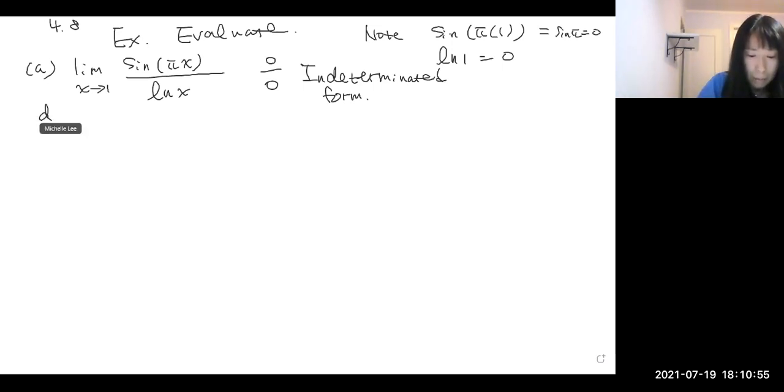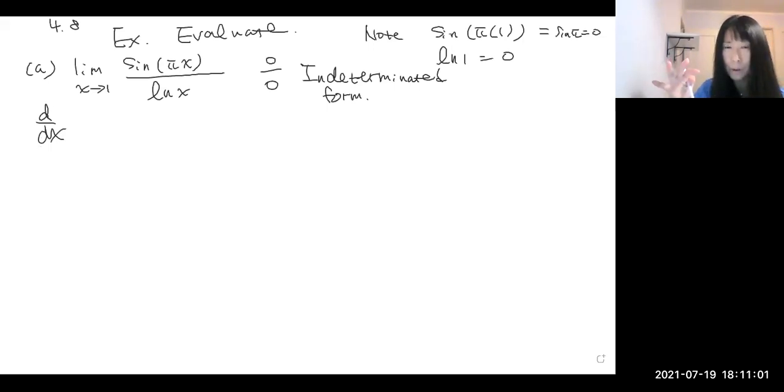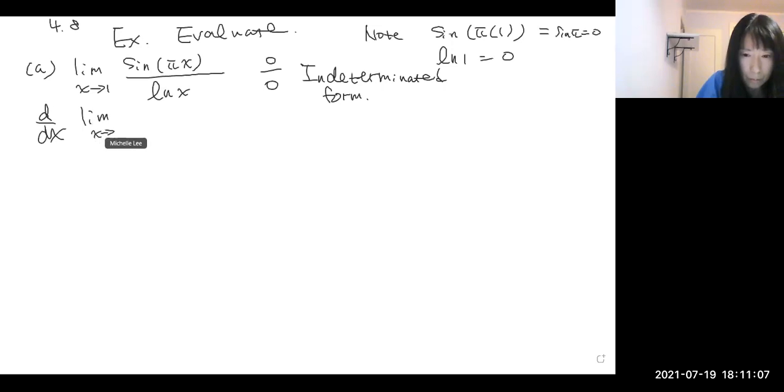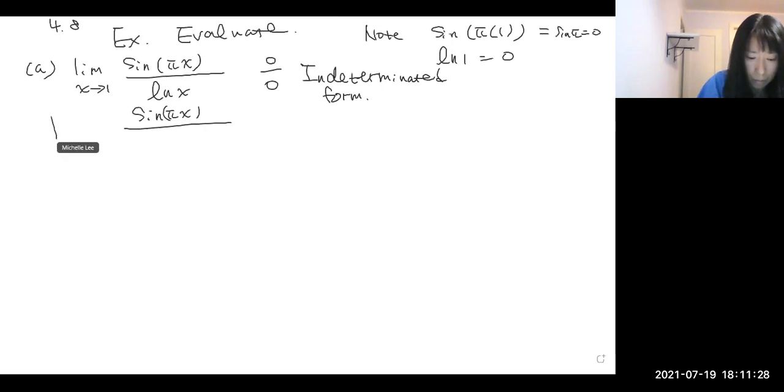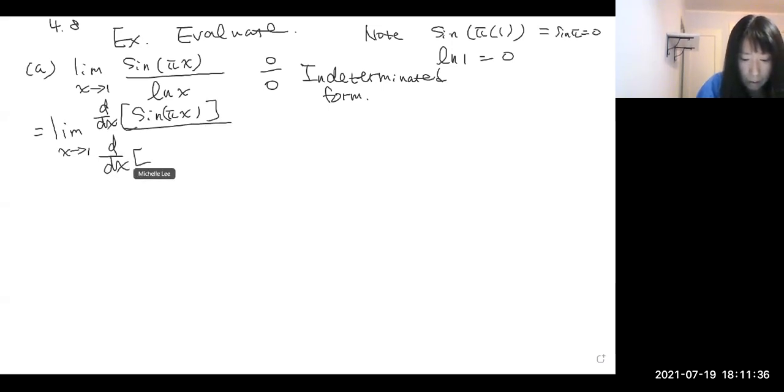Then by L'Hopital rule, we can take derivative of numerator, derivative of denominator. Let me do this way. Respectively, right?